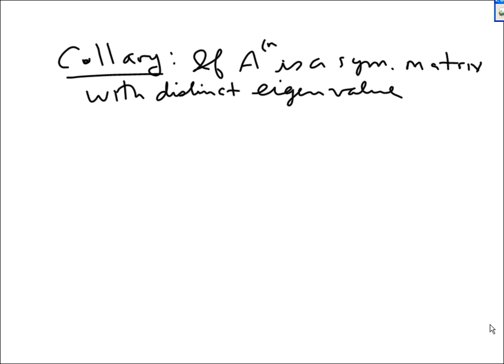If A is an n by n matrix with distinct eigenvalues and symmetric, then A is diagonalizable.